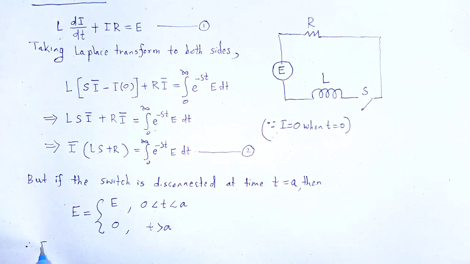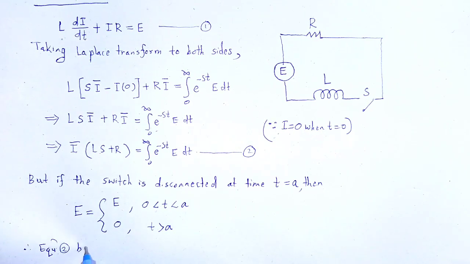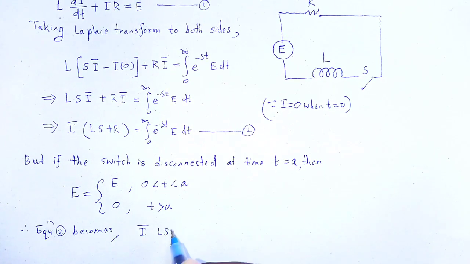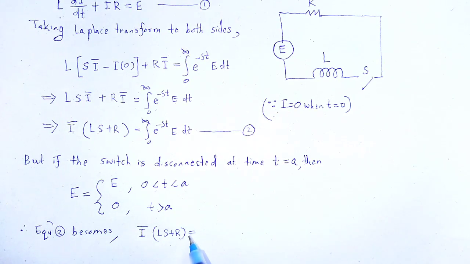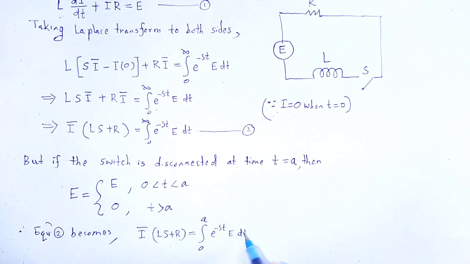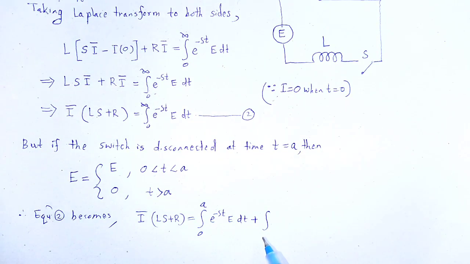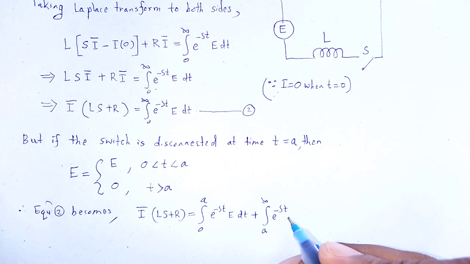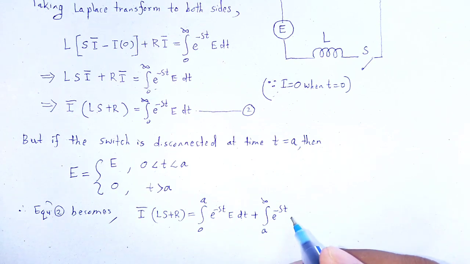Therefore, equation 2 becomes I bar times Ls plus R is equal to the integral from 0 to a of e to the power minus st E dt, plus the integral from a to infinity of e to the power minus st E dt.